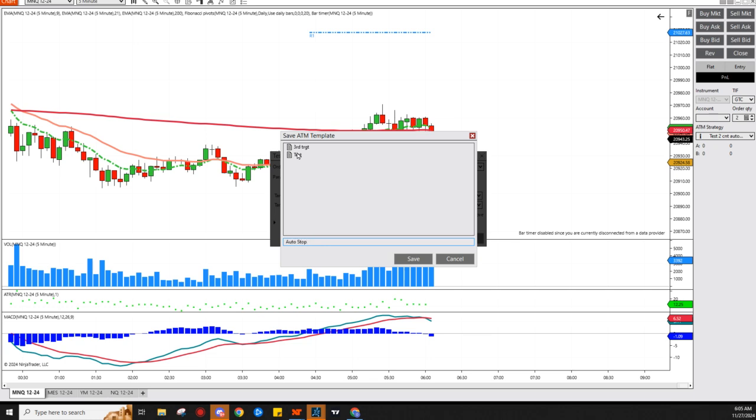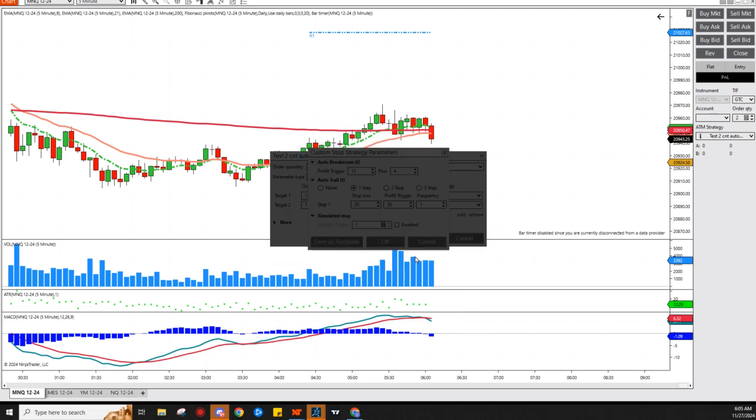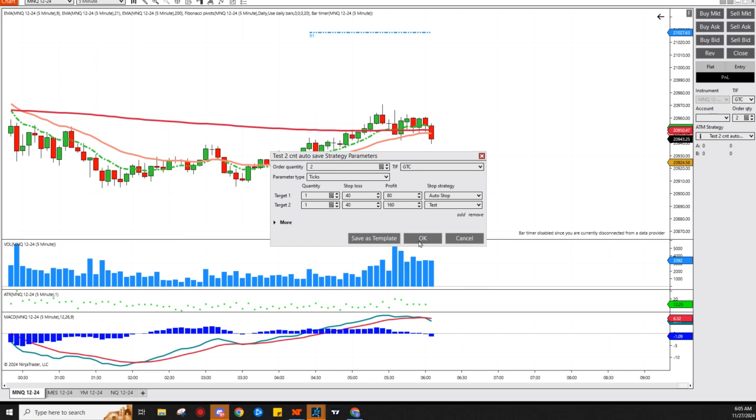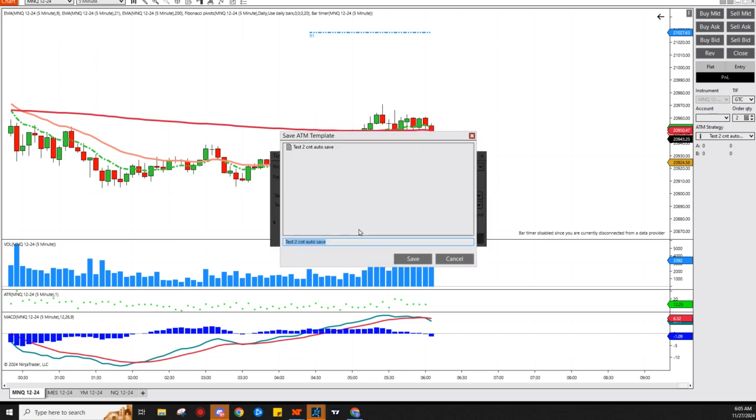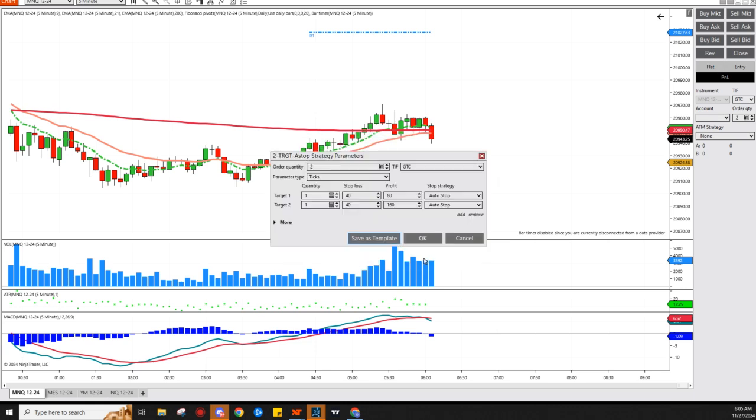Auto stop, save, hit OK, do the drop down, remove this, save as a template, to target, dash, A stop. A is for auto, right? But with 2 targets in mind. Click OK.